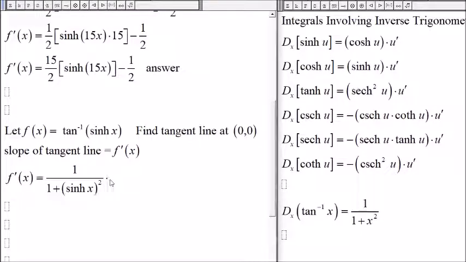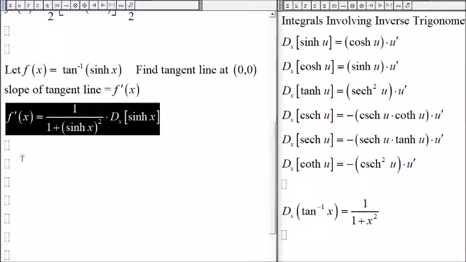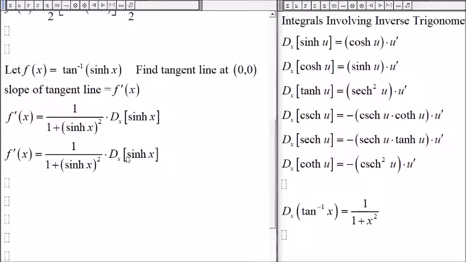And then by the chain rule we have to multiply by the derivative of the hyperbolic sine of x. The derivative of hyperbolic sine of x is hyperbolic cosine of x.